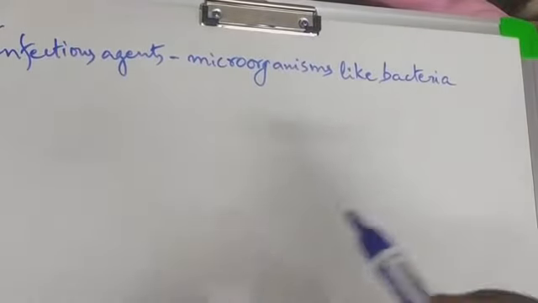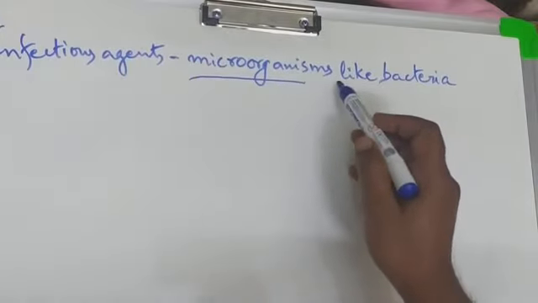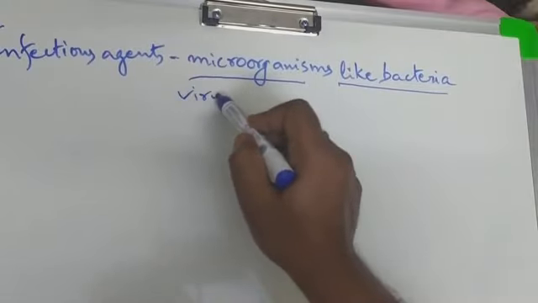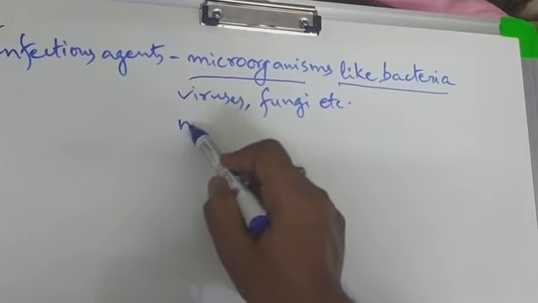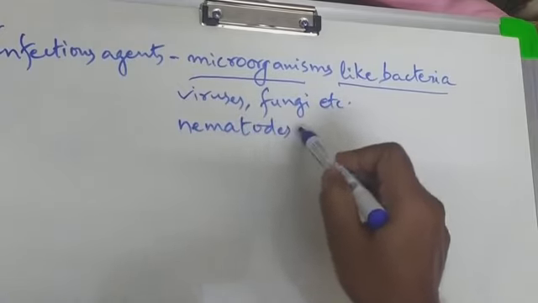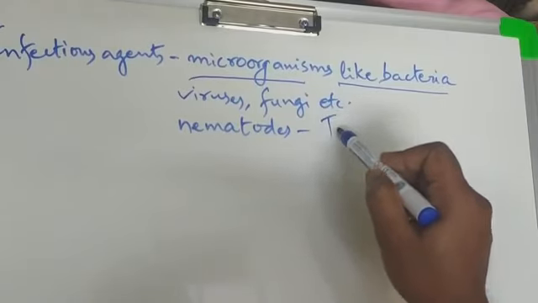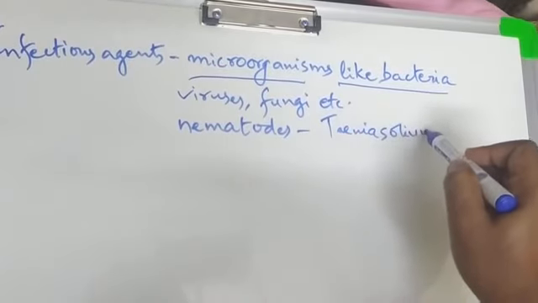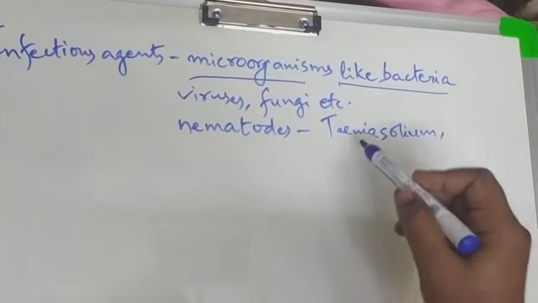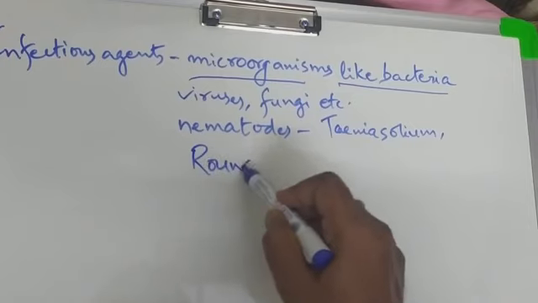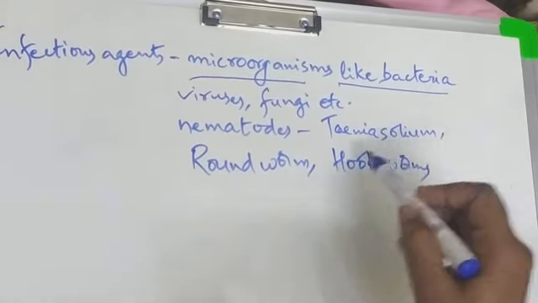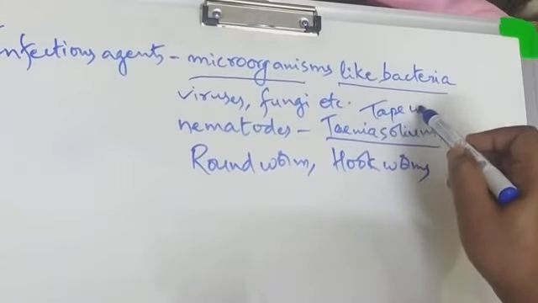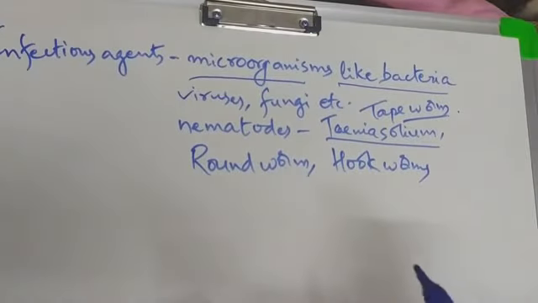The infectious agents mostly include microorganisms like bacteria, viruses, fungi, etc., and also some nematodes like Solium, roundworms, hookworms, etc. The Solium is also called tapeworm, right?